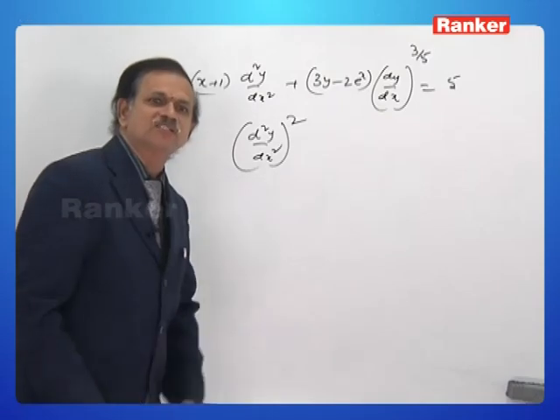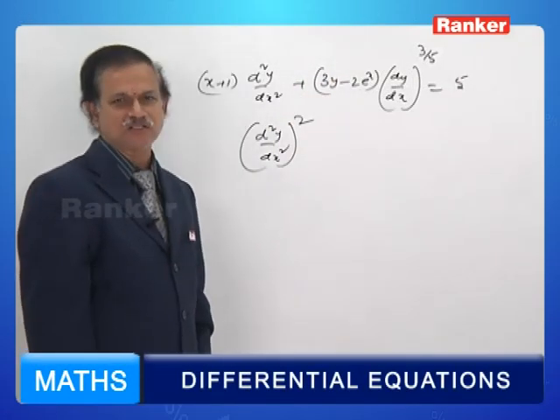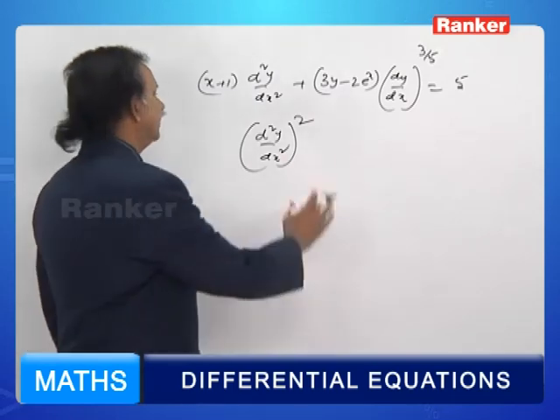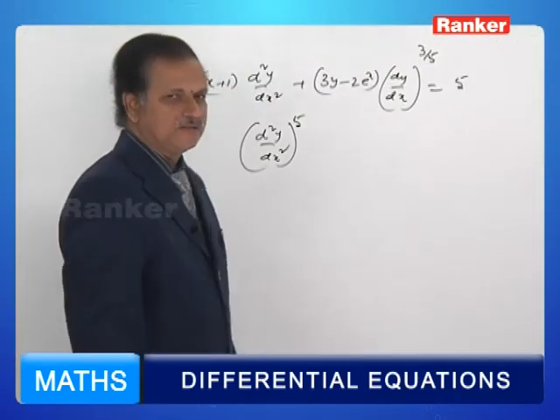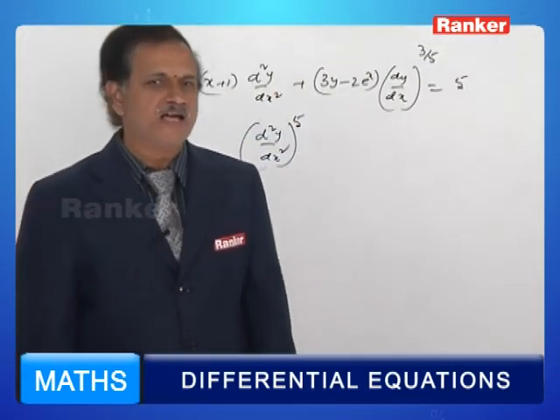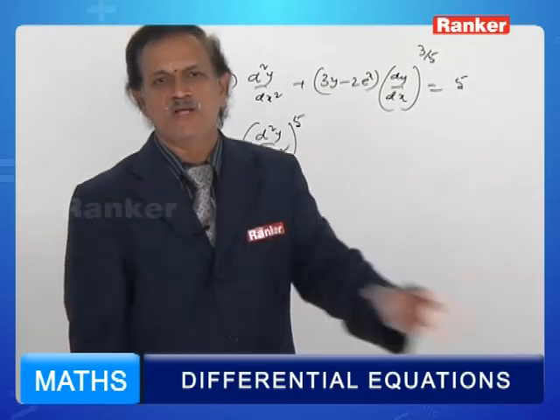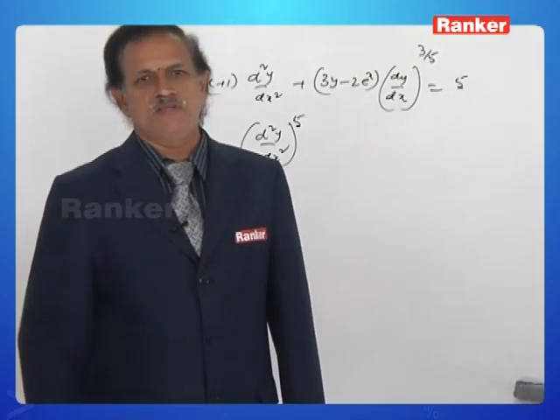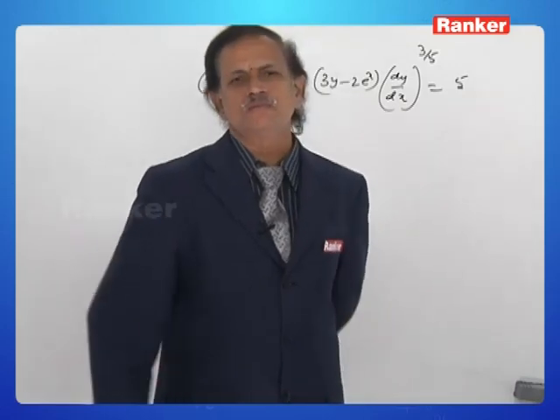To eliminate that, you will raise to the power 5, isn't it? Then you will be observing d square y by dx square whole to the power of 5 in the resultant equation after getting all the simplifications. What can you say about the degree of the differential equation at that instant? It is 5, of course.